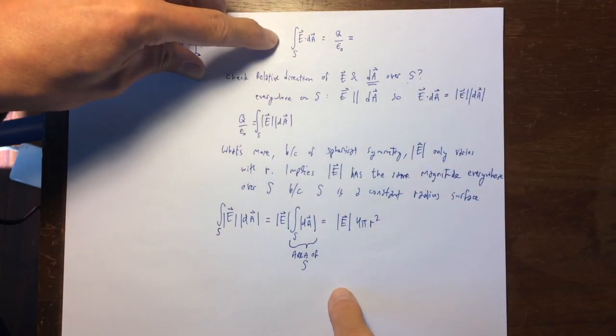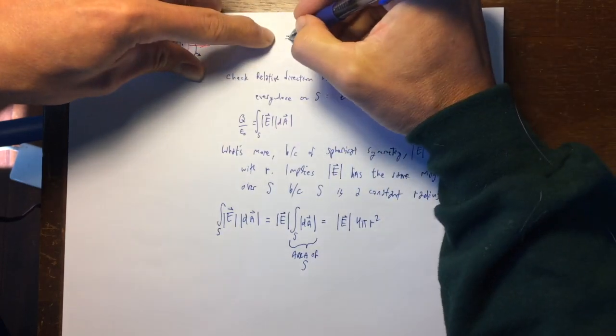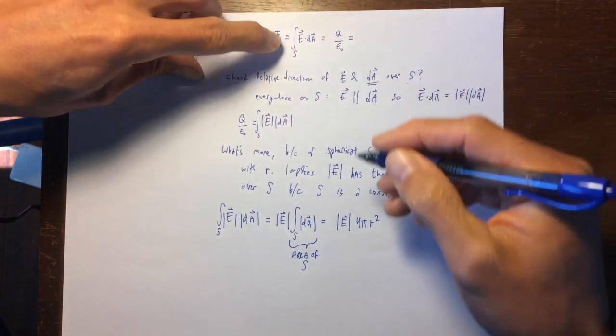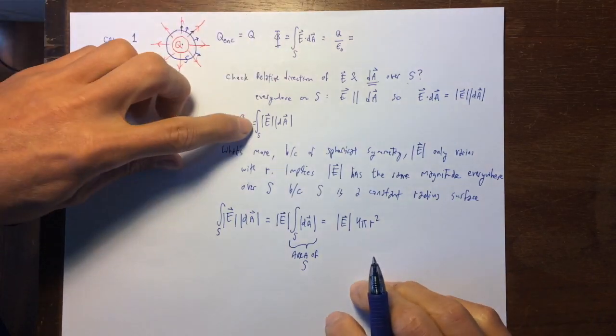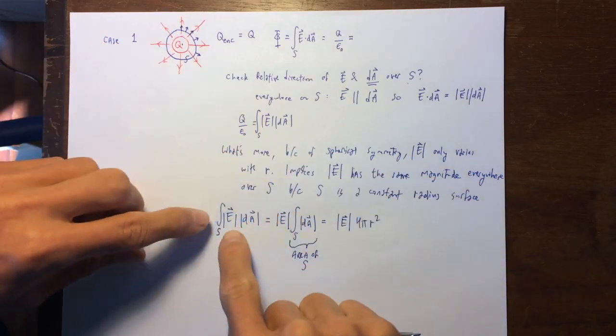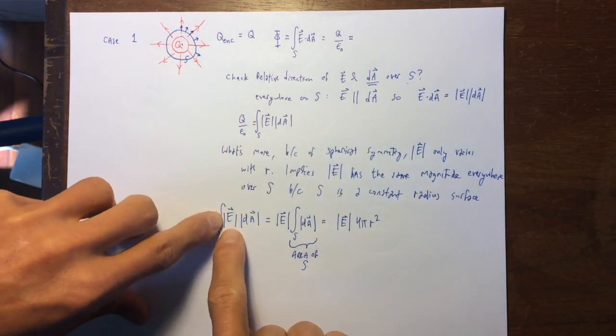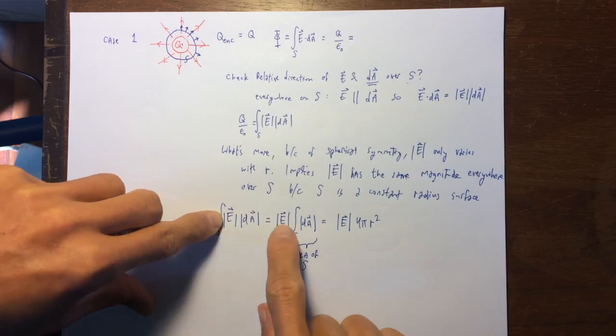And so with Gauss's law, we can go right up to the top and say the flux integral over this surface S, we had reason to say that it had to be just the product of magnitudes. The magnitude of one of the factors inside of the integral is actually a constant over the integral, so it came out.